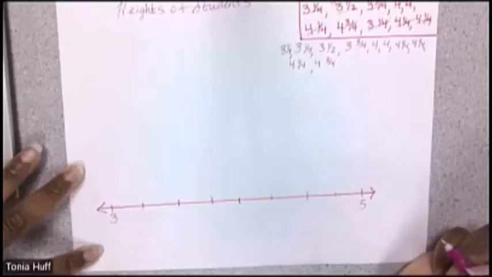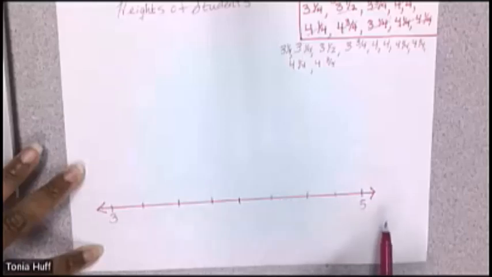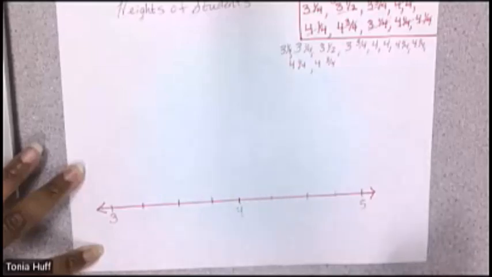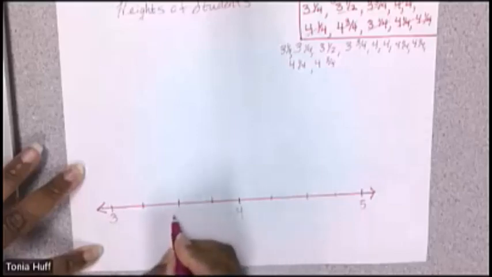The reason being is that I want to be able to place the intermediate points in the right place on my line plot. Between 3 and 5, right in the middle, I'm going to place a 4. Now, halfway between 3 and 4, I know I'm going to have 3 1/2.